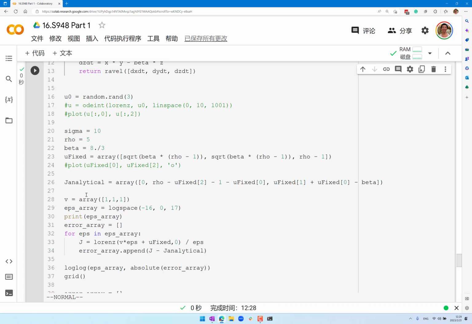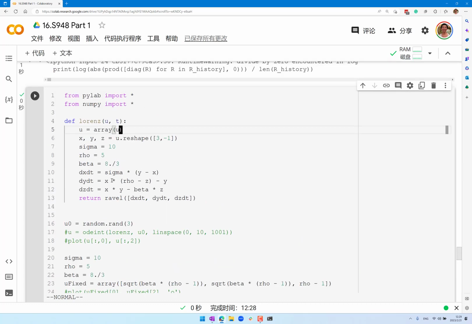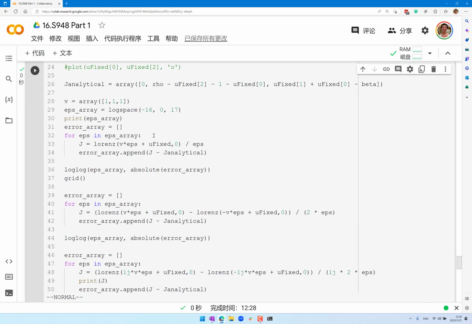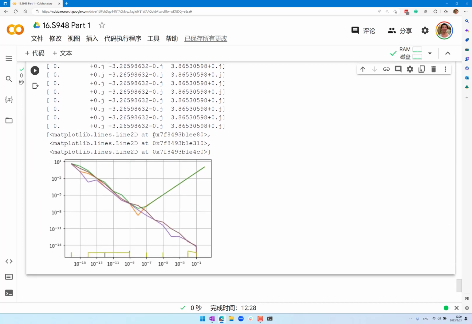So unless you have operations that actually mix the real and imaginary components, you are actually getting a much improved round-off error when the perturbation is on the imaginary axis.